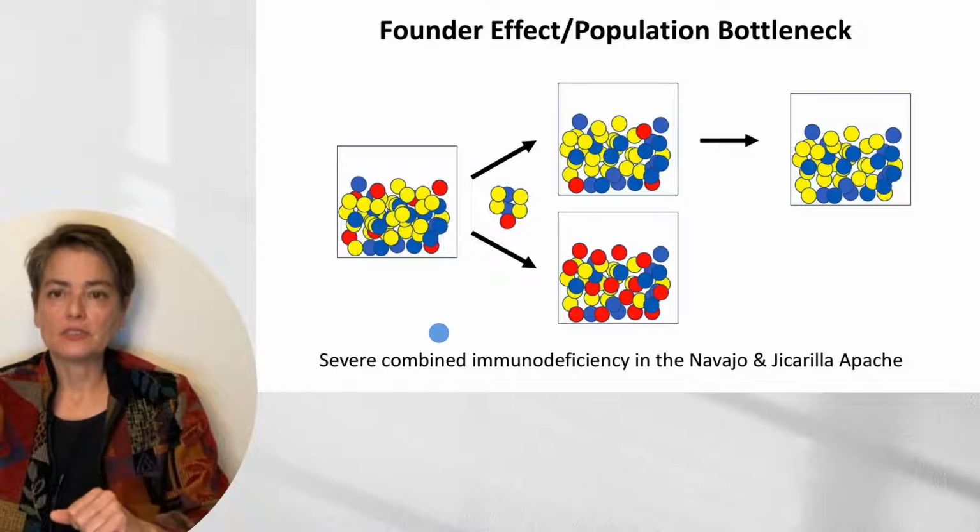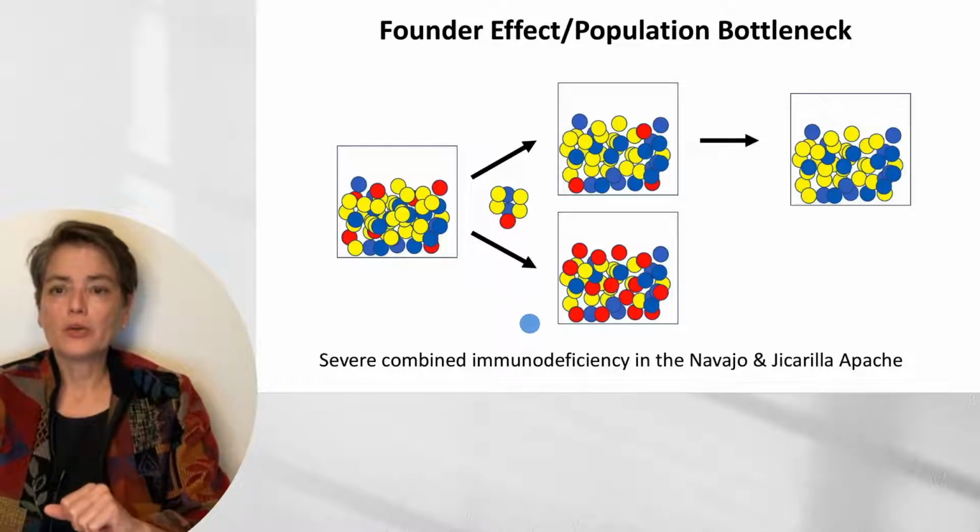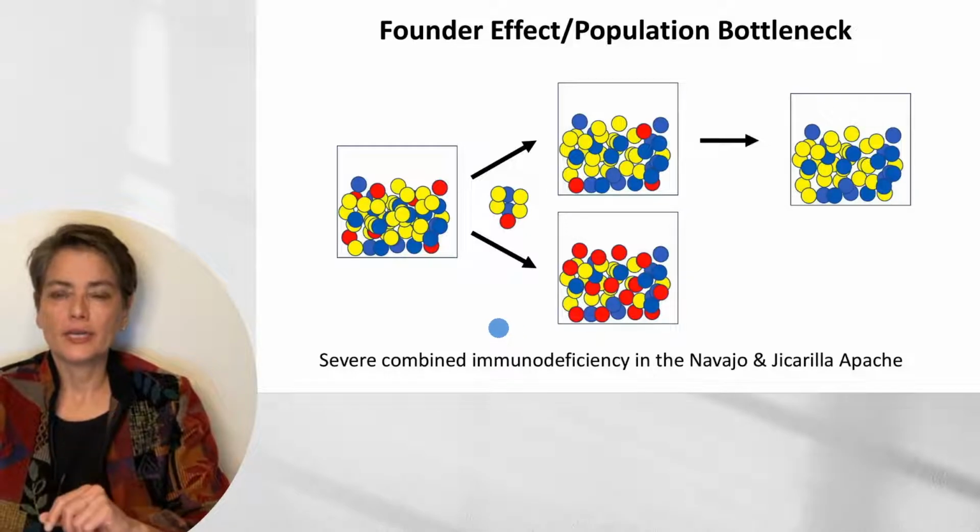And this is the case that we see with severe combined immunodeficiency in the Navajo and the Jicarilla Apache due to the genocide that destroyed large numbers of their people. And an important point to make here is that we see this disease in the Navajo and Jicarilla Apache.